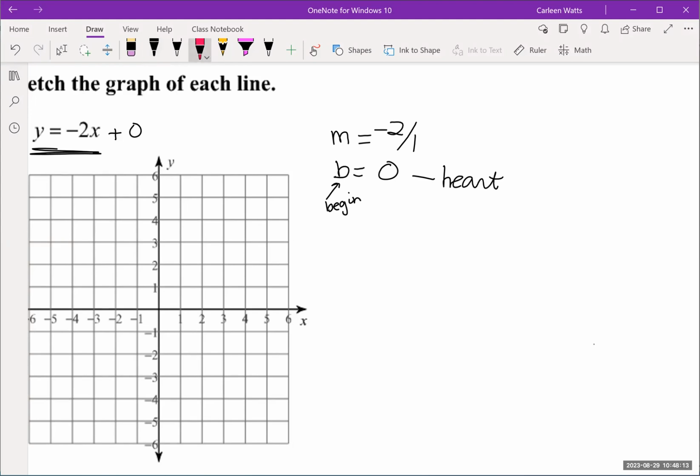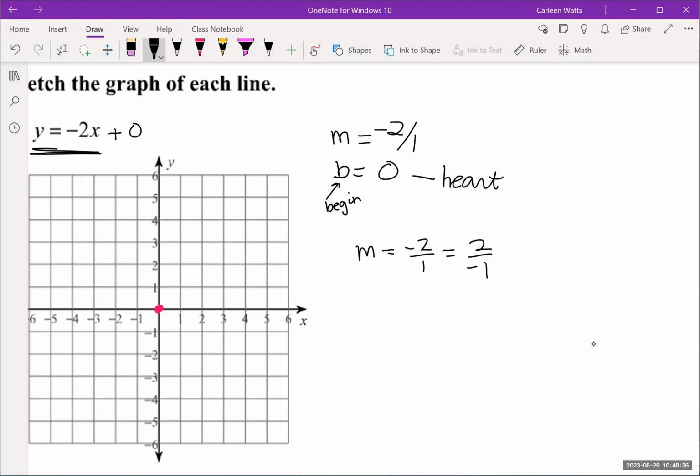I'm going to change to red. So on the spine, can you see that this is a y-intercept of 0? That is the heart of the graph. Okay, so slope from the heart, I could either say -2/1 or +2 over -1, right?